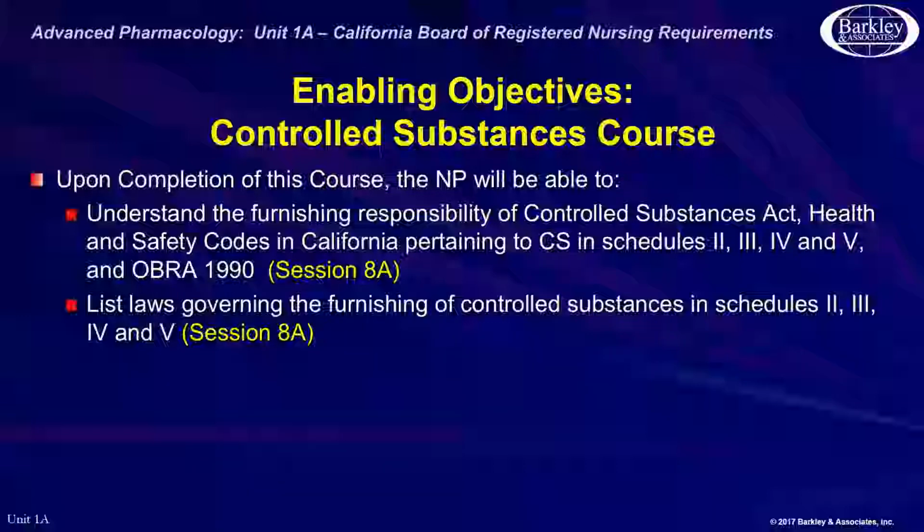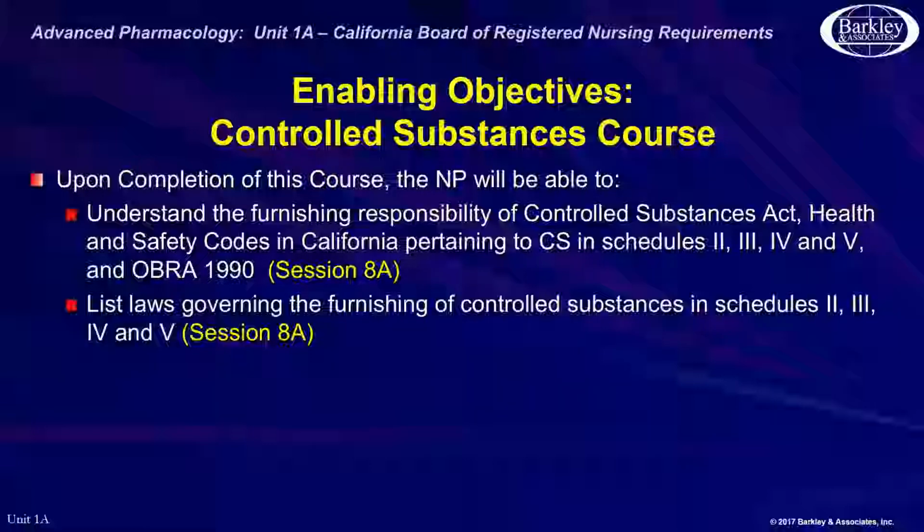the furnishing responsibility of the Controlled Substances Act, the health and safety codes in California, particularly those pertaining to controlled substances in Schedules 2, 3, 4, and 5, and the OBRA Act of 1990. OBRA is the Omnibus Budget Reconciliation Act that was passed first in 1990.